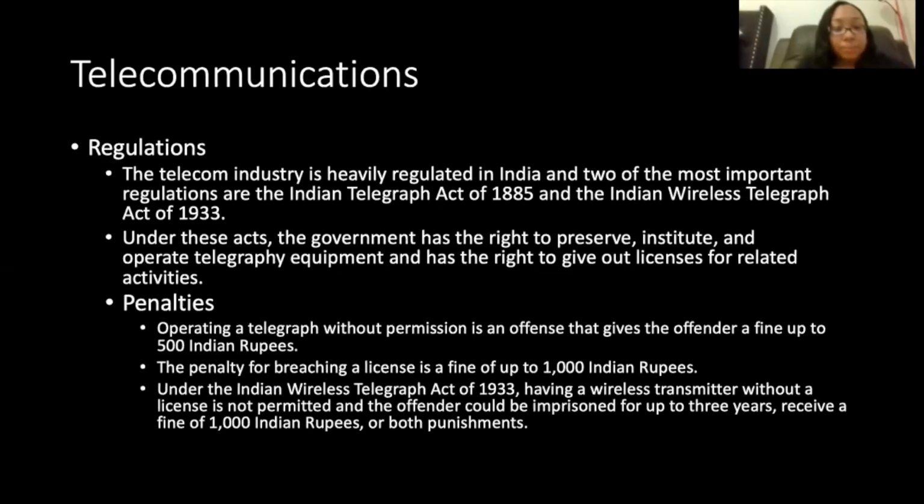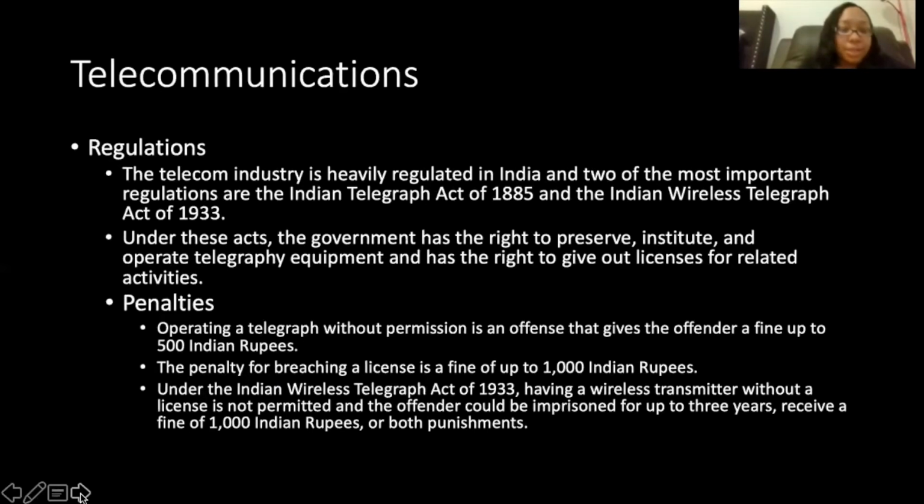Two of them are the Indian Telegraph Act of 1885 and the Indian Wireless Telegraph Act of 1933. Under these acts, the government has the right to preserve, institute, and operate telegraphy equipment, and has the right to give out licenses for related activities.